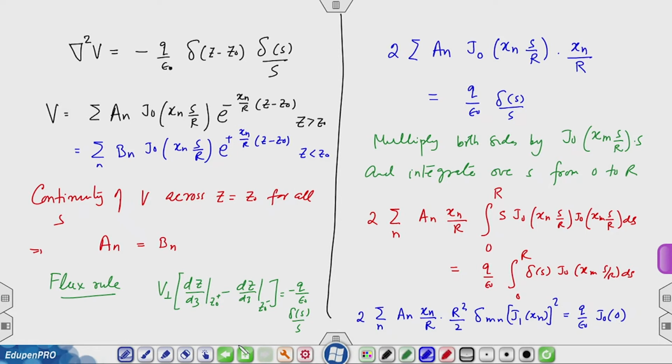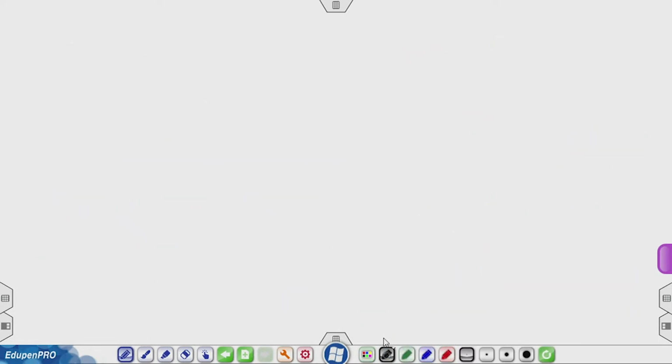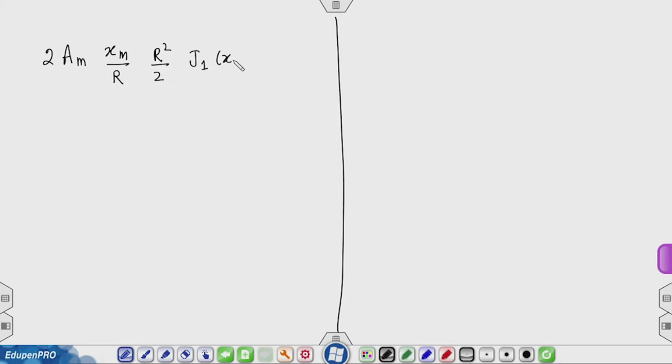So I get a_m times x_m over r, r squared by 2, J1(x_m) whole squared equals q over epsilon 0.